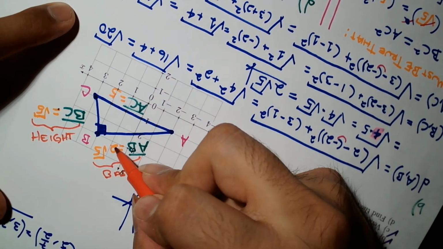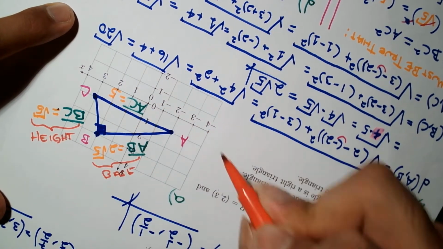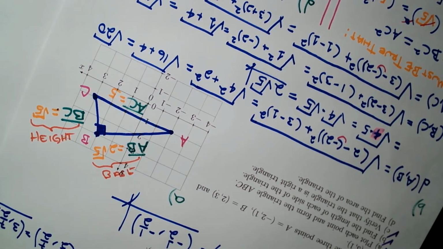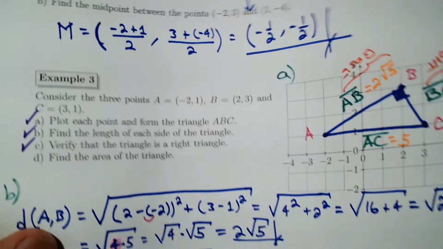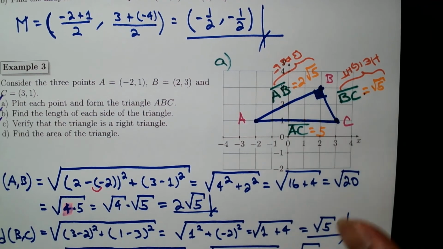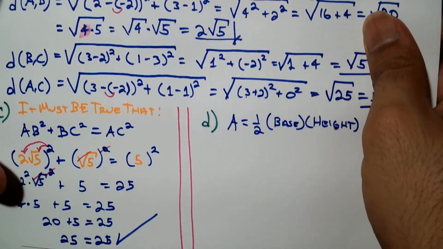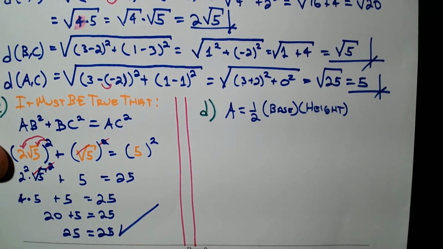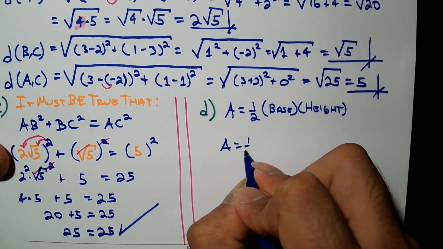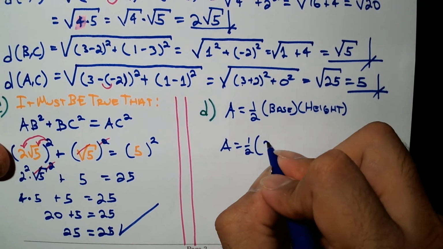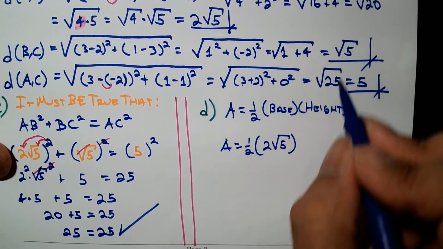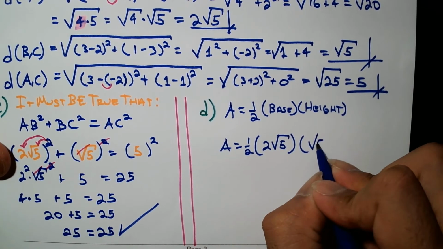Okay, so base times height times 1/2, that's going to give us the area of that right triangle. So the base, which is 2 times the square root of 5, times the height, which is the square root of 5.